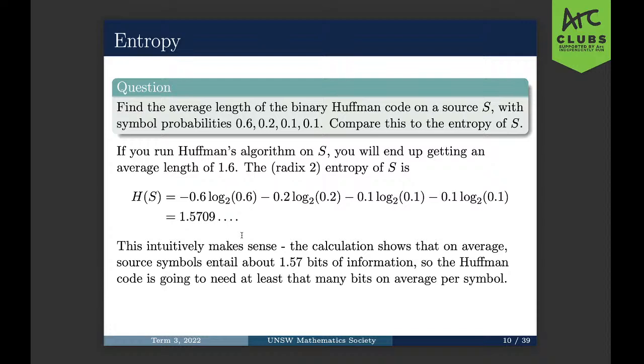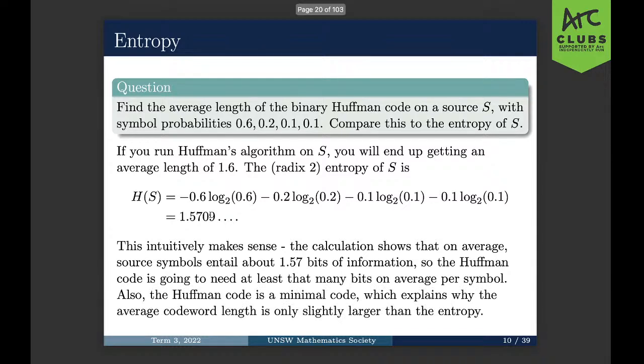And it kind of makes sense. This entropy calculation is saying that on average, the source symbols entail about 1.57 bits of information. So if we're going to make any code based on this source, we're going to need at least that many bits per symbol. So that's why the Huffman code's average length is slightly bigger.